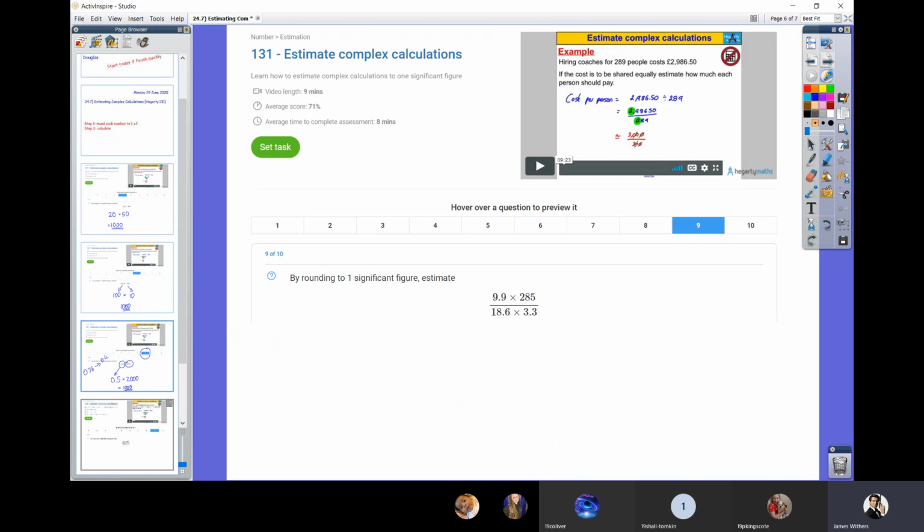Now, questions 9 and 10 look a bit more complicated, but they're fine. Same principle applies. Start off by rounding everything to one significant figure. So 9.9 becomes 10, 285 becomes 300, 18.6 becomes 20, and 3.3 becomes 3. Note again how everything has just got one digit which is not a 0.